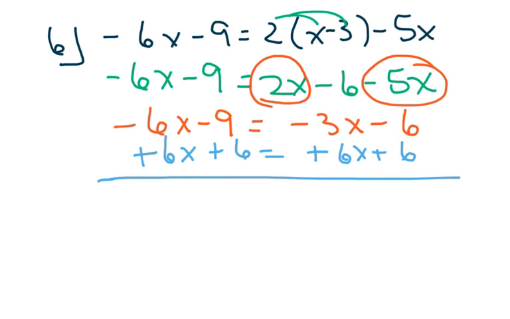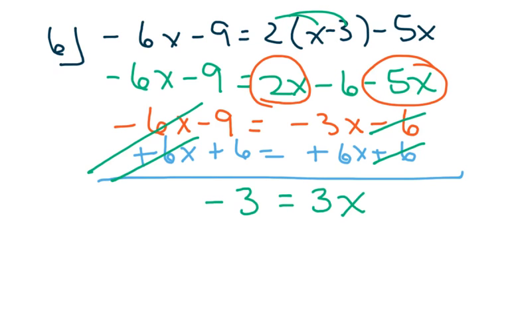And what happens is, you notice the x's cancel here, the 6 cancels here, and we get negative 3 equals 3x. So I did 2 steps at once by not having to write the equation down so many times.